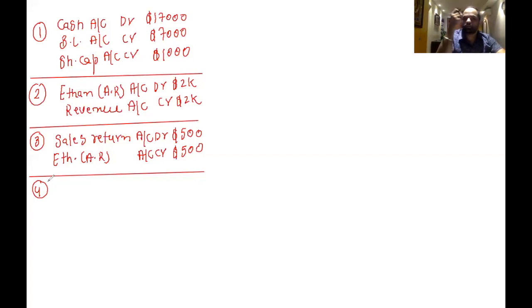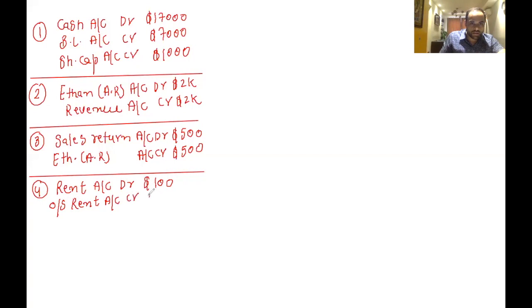So the rent expense is debit 100 and outstanding rent account credit for 100. Rent account debit 100 and outstanding rent account credit 100, right?